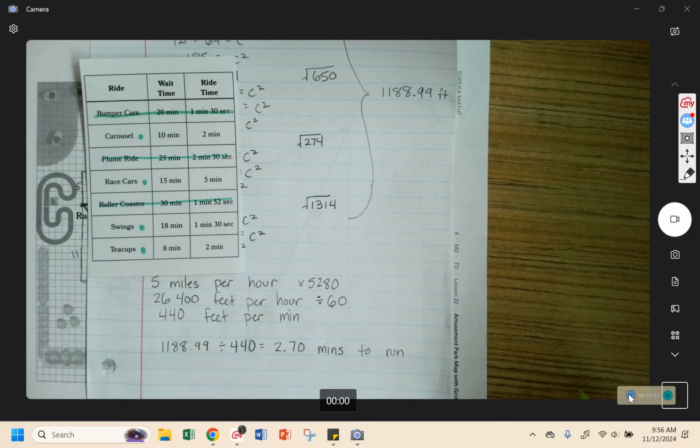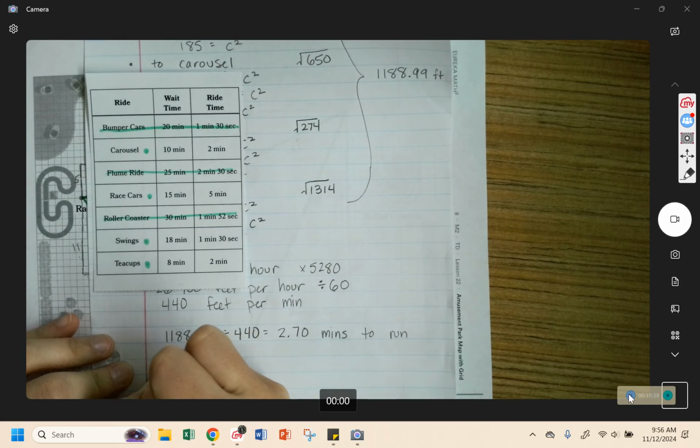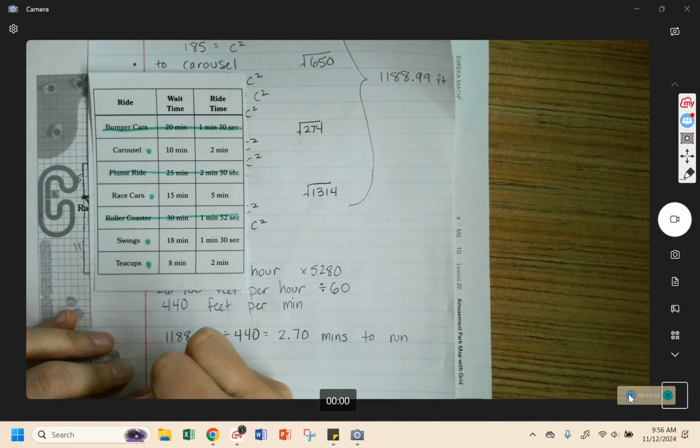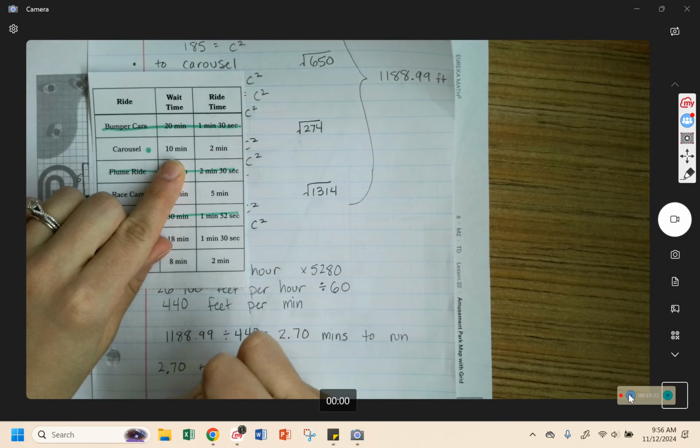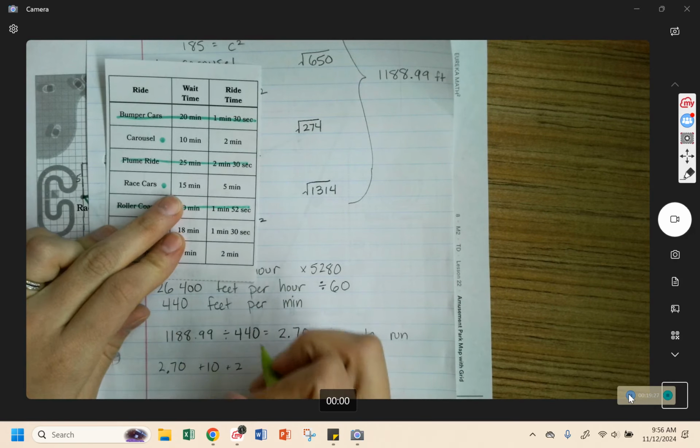And now we'll need to calculate how much time altogether. So this is for the carousel. We've got 2.70 plus the 10 for the waiting in line and the 2 minutes for actually riding the ride.